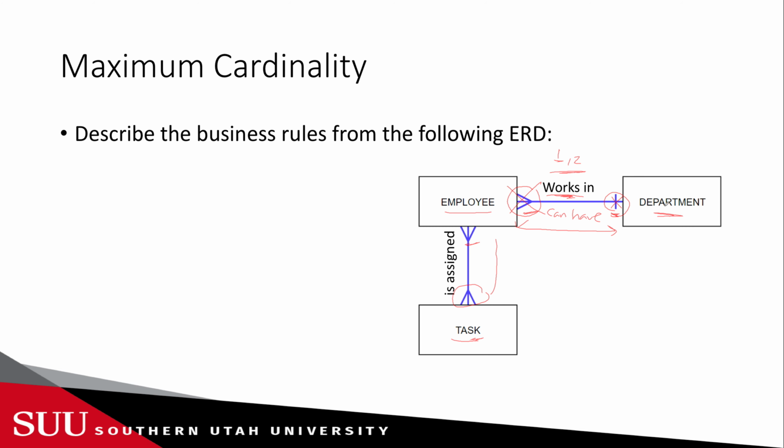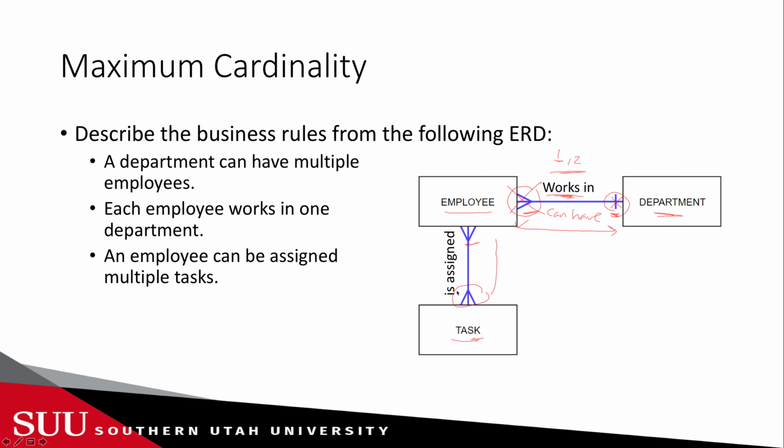So you don't say departments have multiple employees. No, we'll say a department can have multiple employees, and in this case, an employee works in one department. Similarly, for this case, an employee is assigned multiple tasks, and a task is assigned to multiple employees.